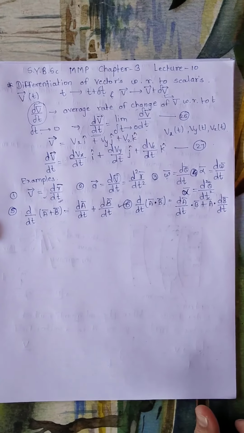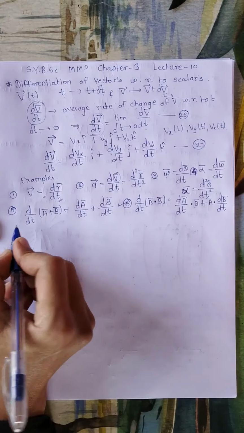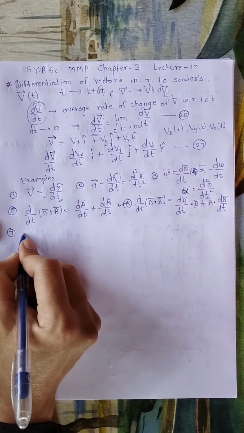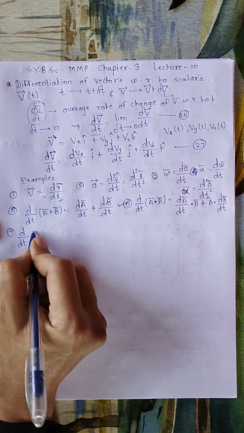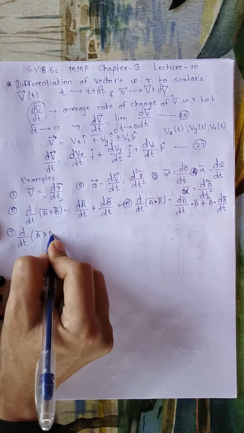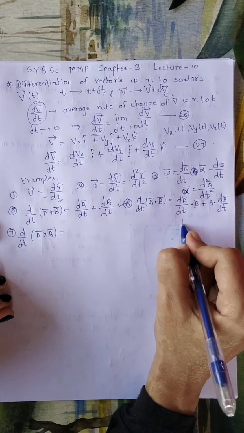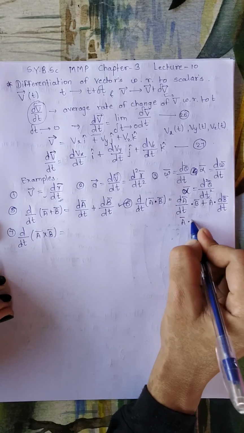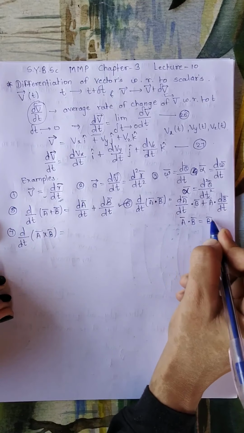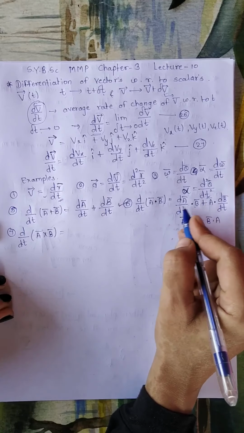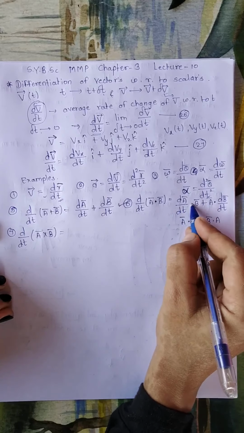Now this is also calculated for a cross product. The derivative of a cross product is defined as d by dt of a bar cross b bar. Since the dot product is commutative, a bar dot b bar is equal to b bar dot a bar, so the order of the dot doesn't matter.